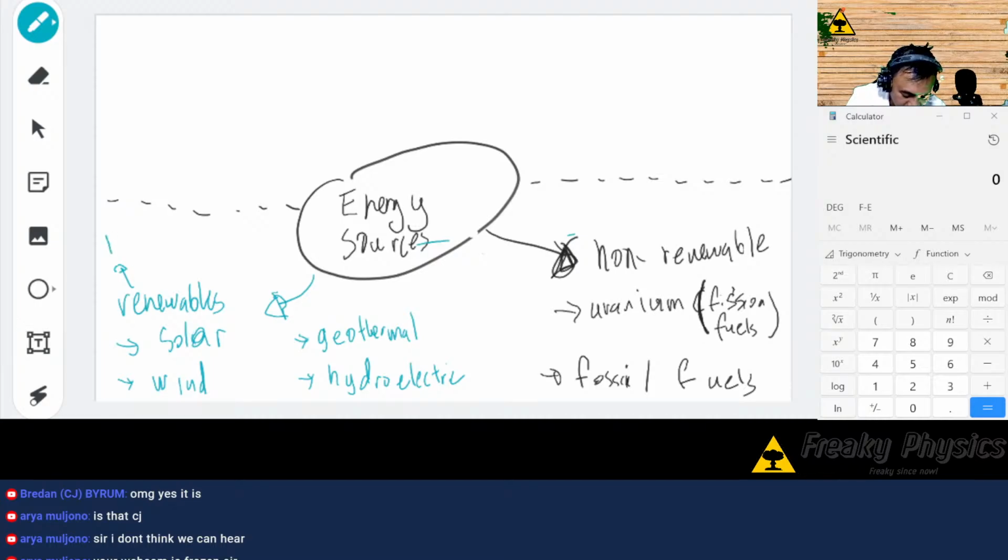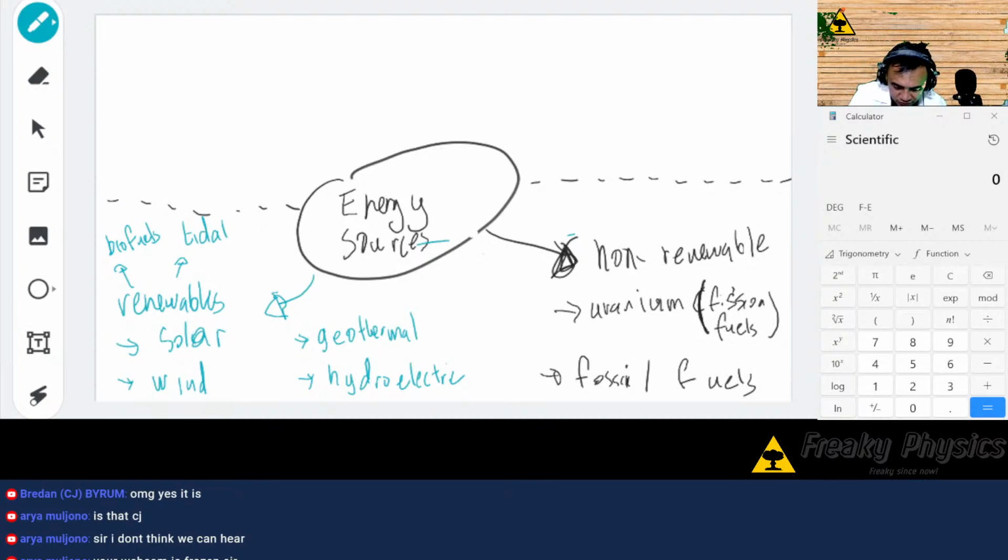We have biofuels, and tidal. I think this is basically it. Everything else is at the moment small scale.